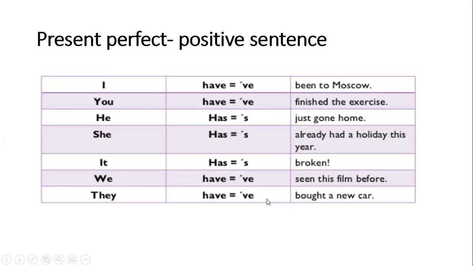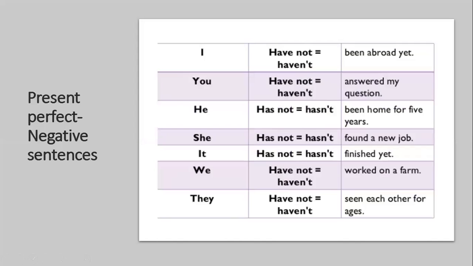We can also use negative sentences, where we write have not or has not, like have not been brought yet. We can also use the short form, have not equals haven't, something like that.